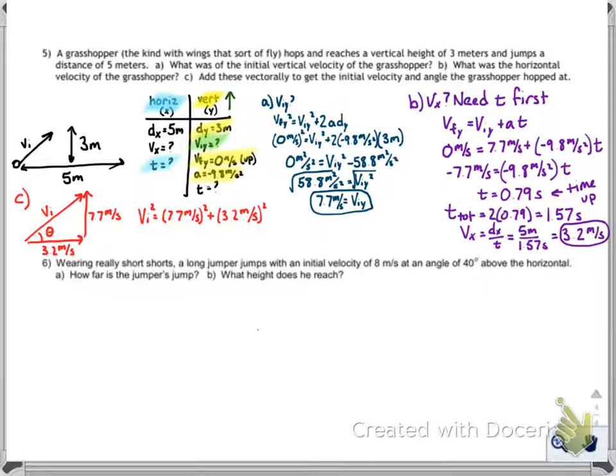It's just my hypotenuse squared is equal to the two sides squared and added together, the two legs. So I'm going to go ahead and solve that for my initial velocity, and I get 8.3 meters per second. So now I know that this guy right here is 8.3 meters per second.